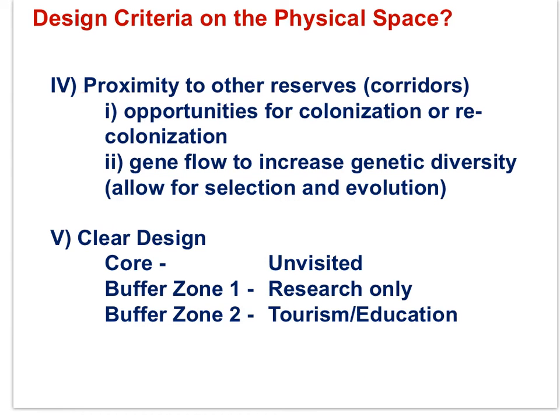So now let's look at the proximity to other reserves, or corridors. If parks can be located near to one another, then there are opportunities for colonization or recolonization if a species has gone extinct. Also, the possibility exists for gene flow that increases genetic diversity.